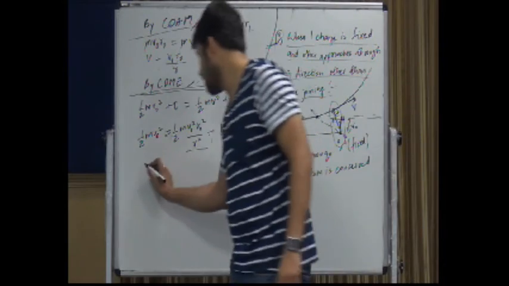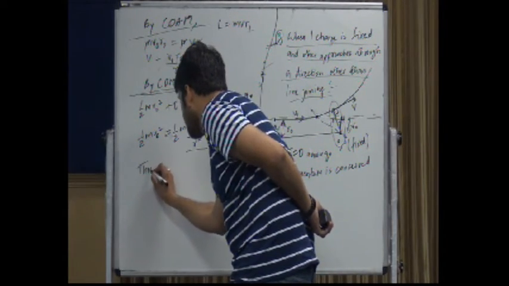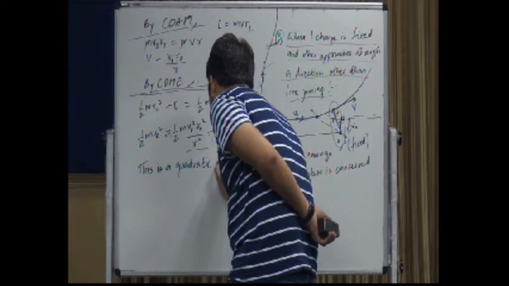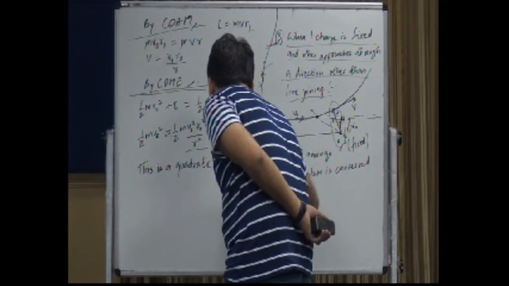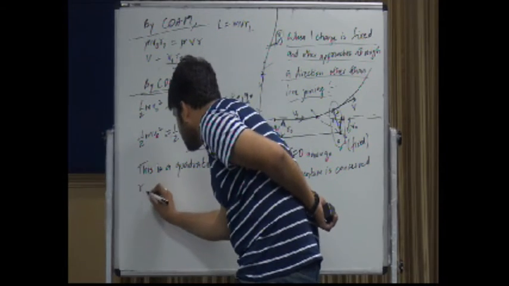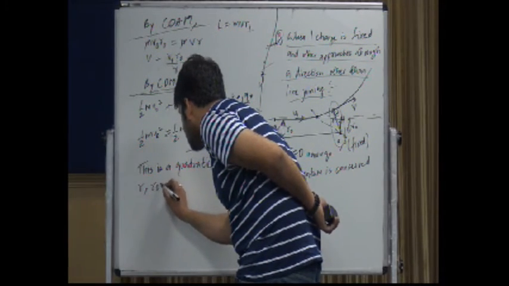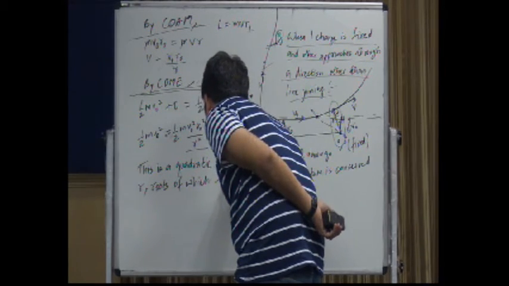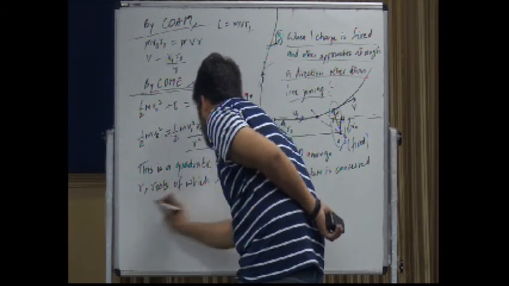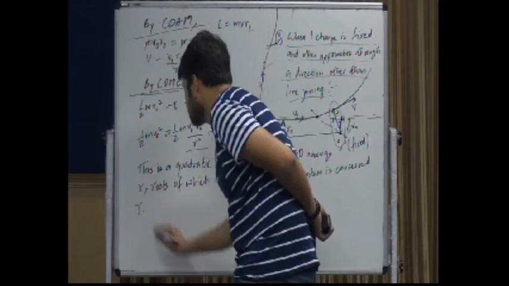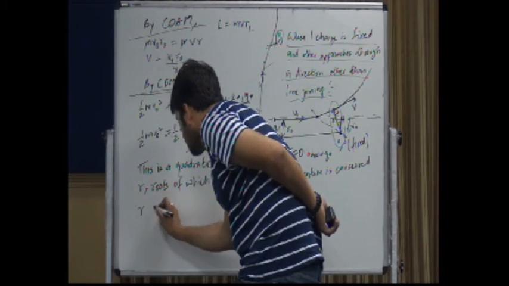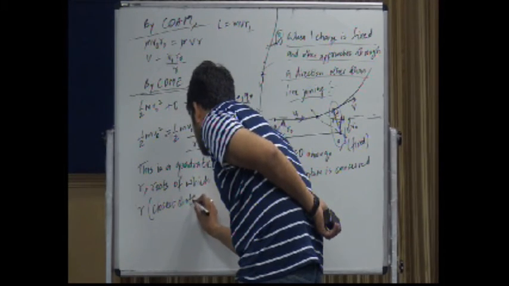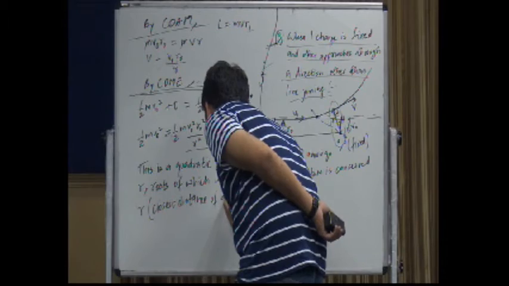So I'll write here: this is a quadratic equation in R, roots of which will give R, or closest distance of approach.